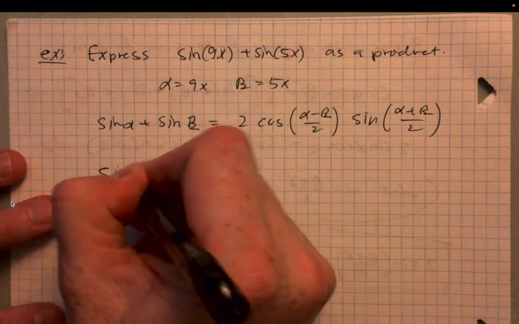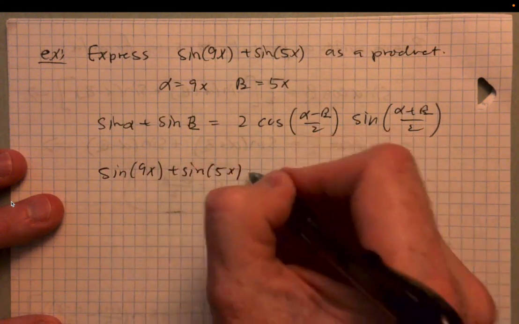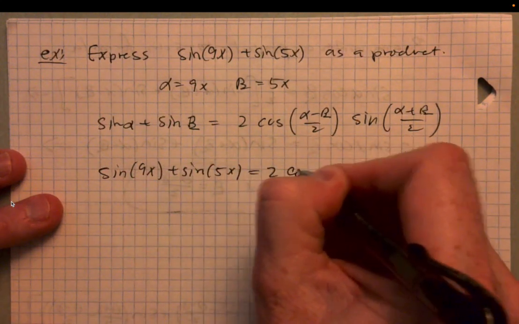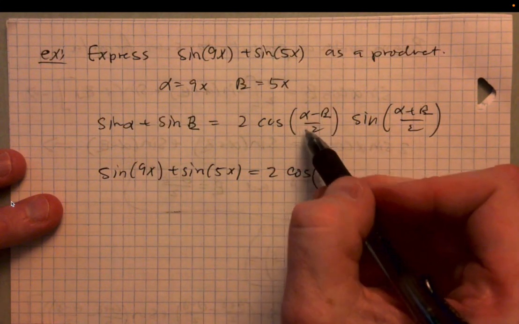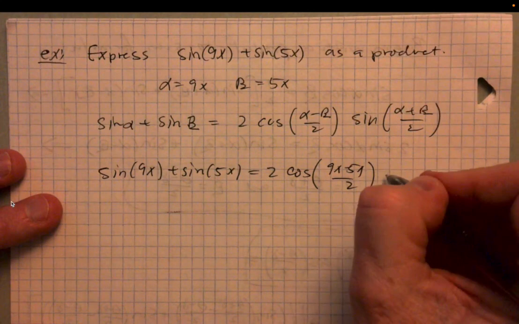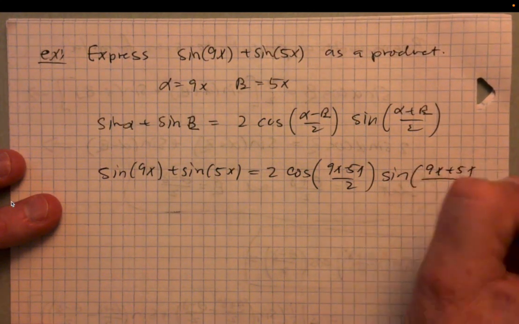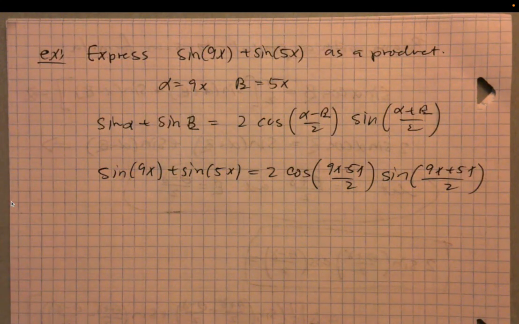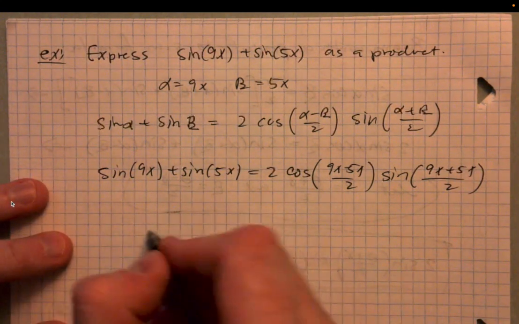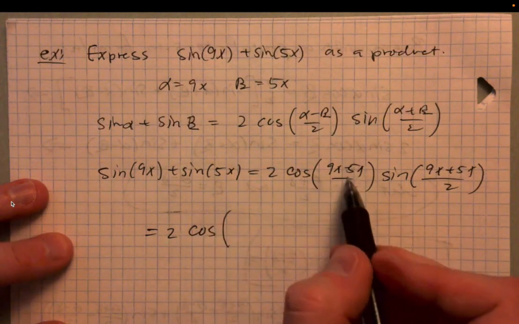So I know that sine of 9x plus sine of 5x is equal to 2 times the cosine of, so it'll be 9 minus 5 times the sine of 9x plus 5x, right? Alpha plus beta. And of course I can simplify this. So it's equal to 2 times the cosine of, now what's 9 minus 5? That's 4.